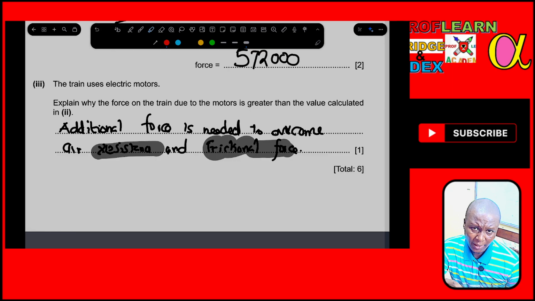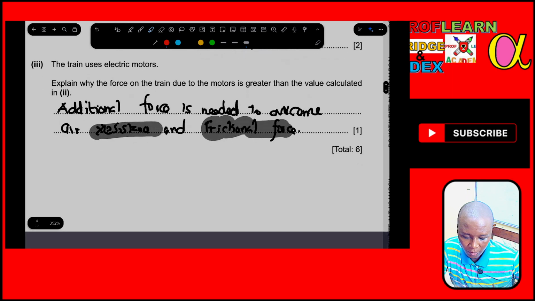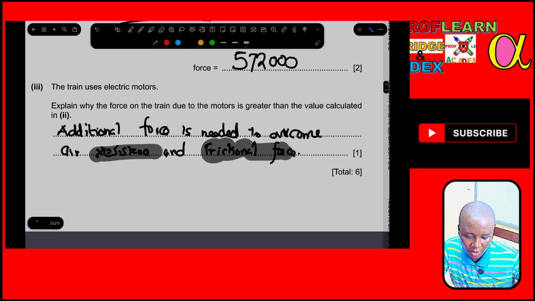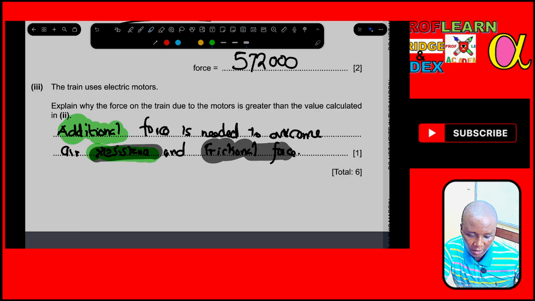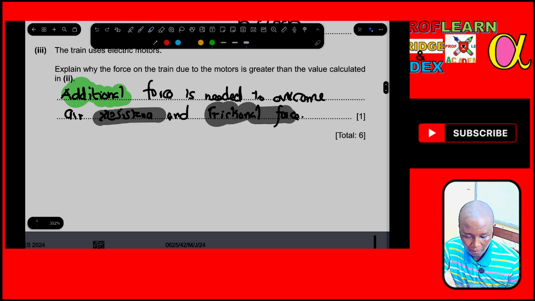So it means that more work has to be done, more force has to be supplied so that we can do the same amount of work. So additional force is needed to overcome air resistance and frictional force. That's exactly what candidates were supposed to state there.